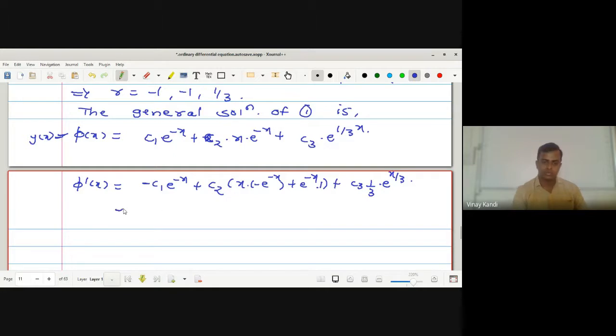So which is equal to -c1 e^(-x) plus c2 common, (1 - x) e^(-x), plus (1/3) c3 e^(x/3). So this is y'(x).